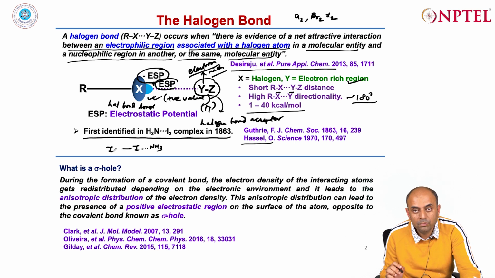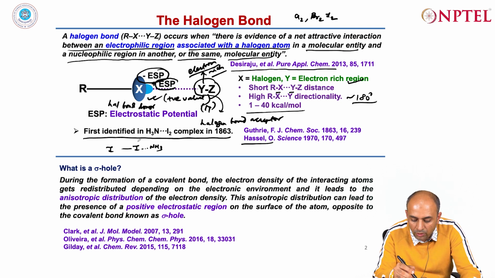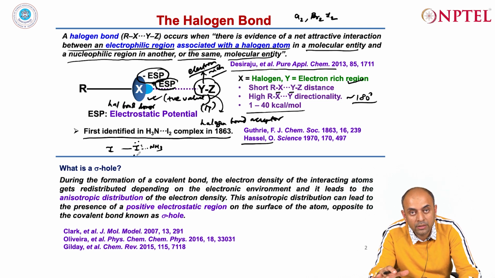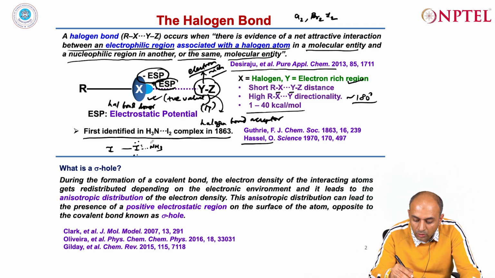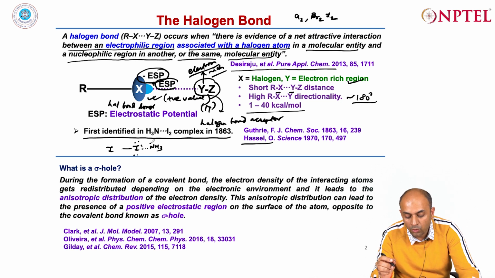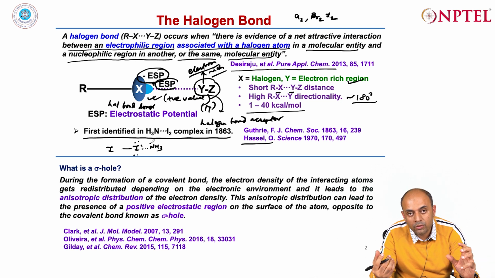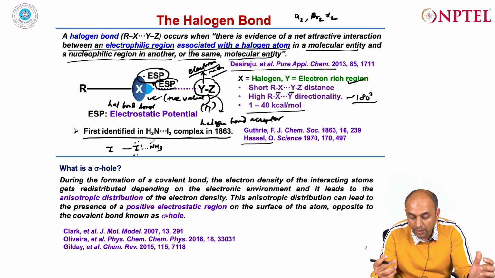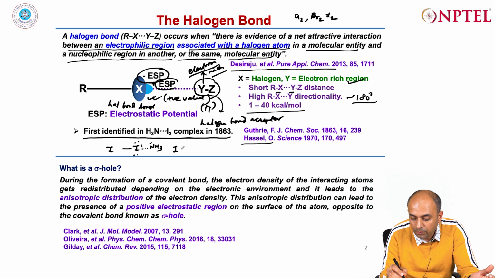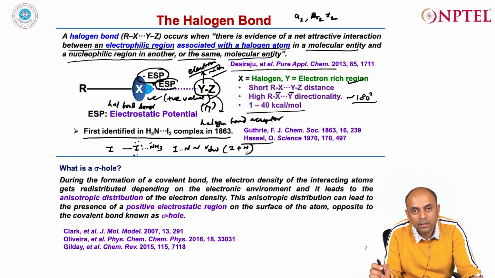Now, to start with, this will appear to be counterintuitive because iodine also has a lone pair of electrons if you were not to have the understanding of the halogen bond, and nitrogen also has a lone pair of electrons. So, why is it that two relatively electron rich species like iodine and nitrogen come close to each other, and the separation between the iodine and the nitrogen atoms is approximately equal to the sum of the van der Waals radii of iodine plus nitrogen?